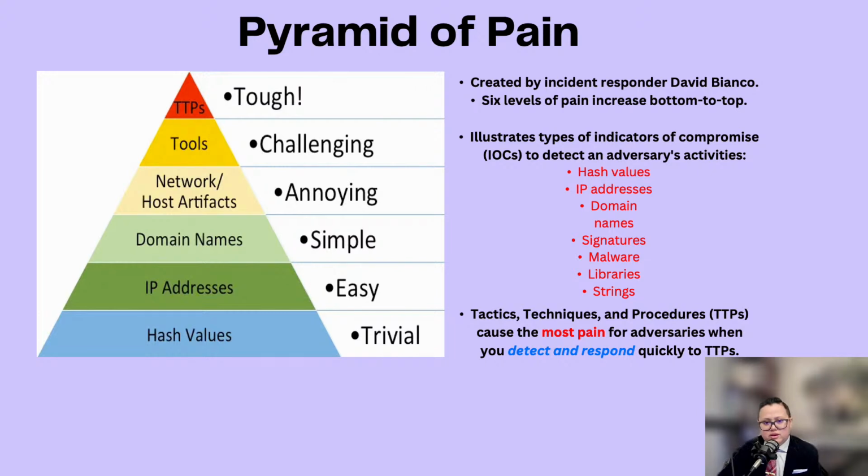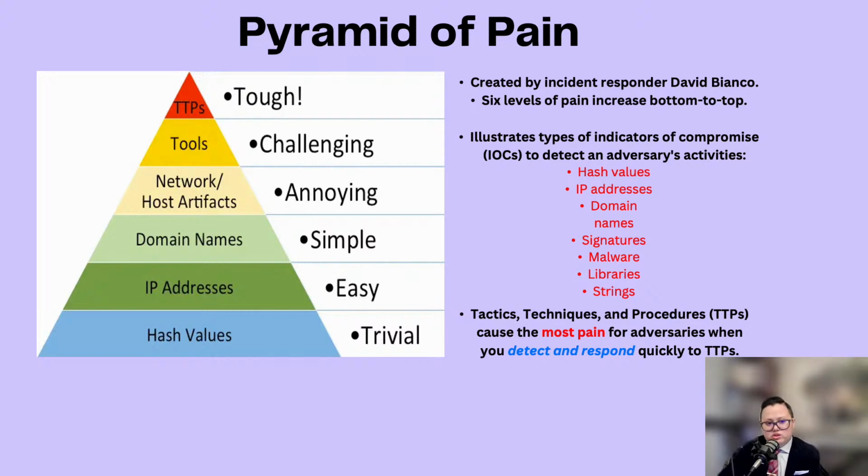So what I mean by that is, since it is increasing in difficulty and pain from bottom to top, when we get to the very top, which is the 6th level of pain, TTPs, tactics, techniques, and procedures, it causes the most pain for adversaries when we detect and respond quickly to TTPs.